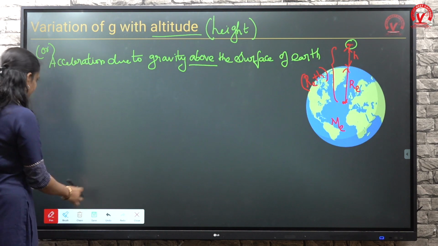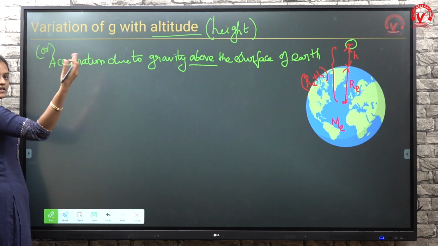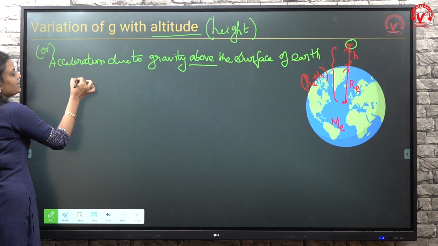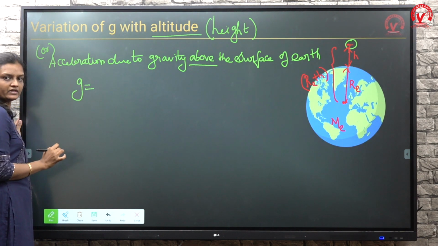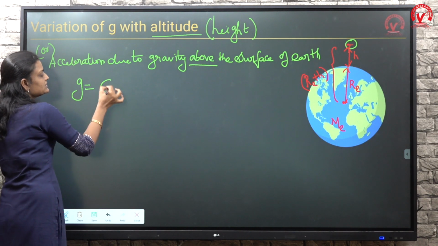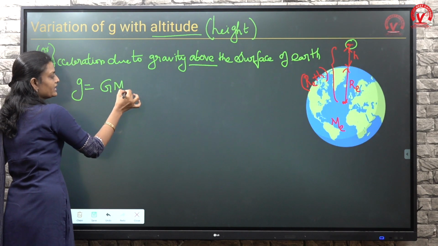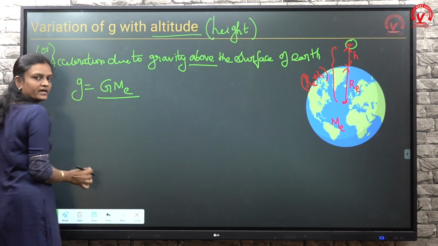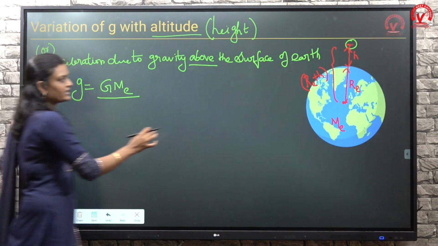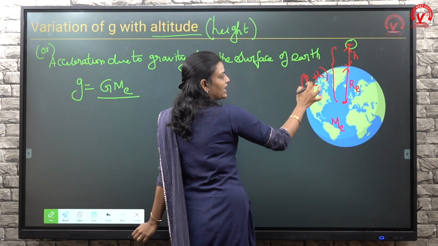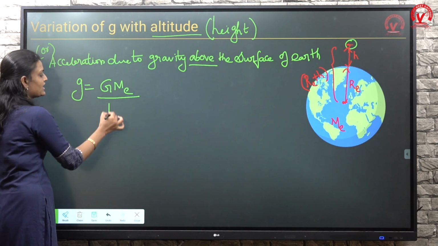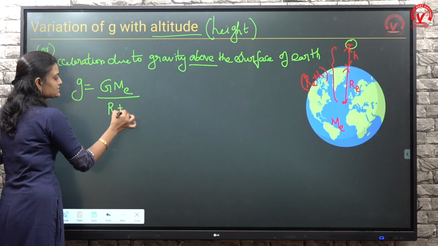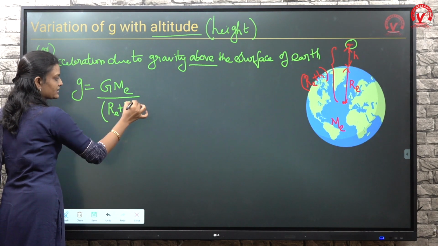Now we saw in the previous slide that g, the acceleration due to gravity, is equal to G Me divided by R square. Here we are taking the radius as Re plus h, so I write the radius Re plus h the whole square.